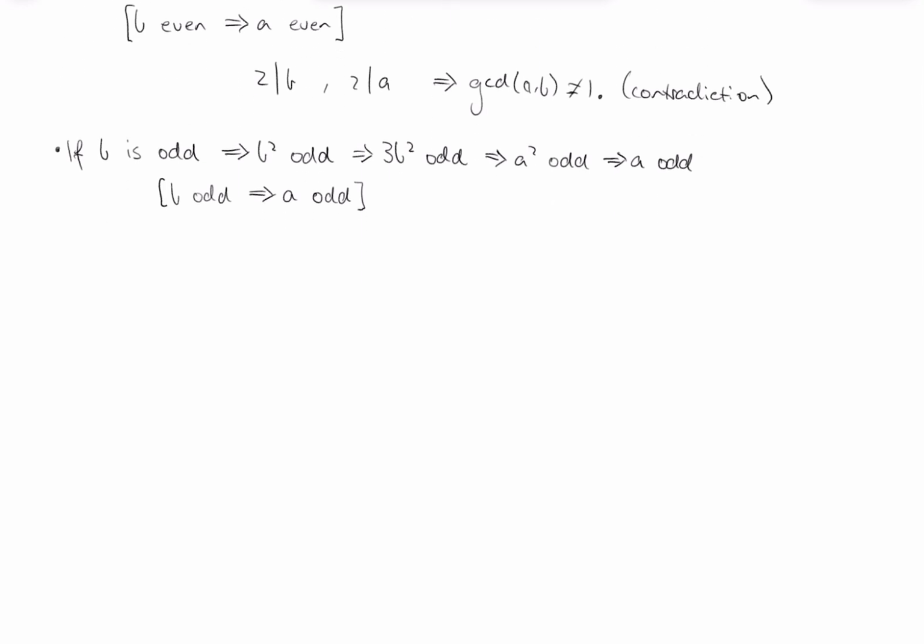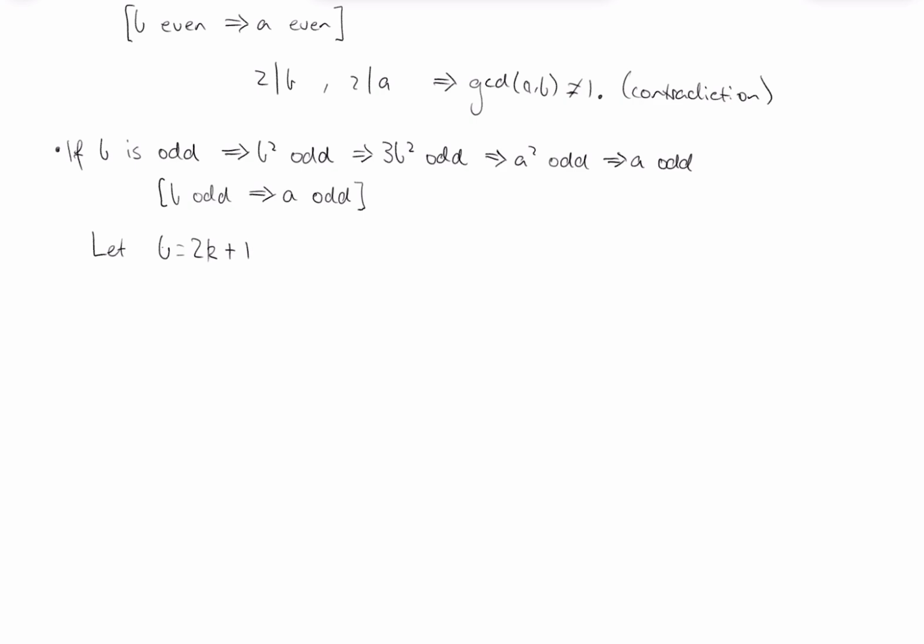The way we're going to proceed is by letting b be, well, we know that b is odd, so we could rewrite the value of b as some even value plus 1.